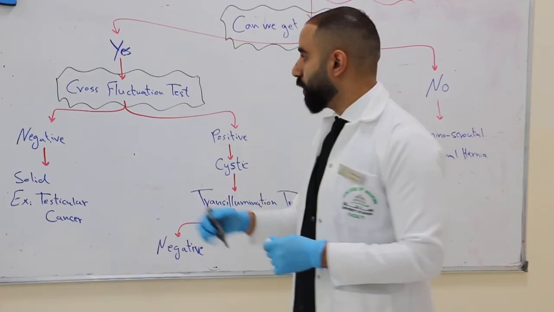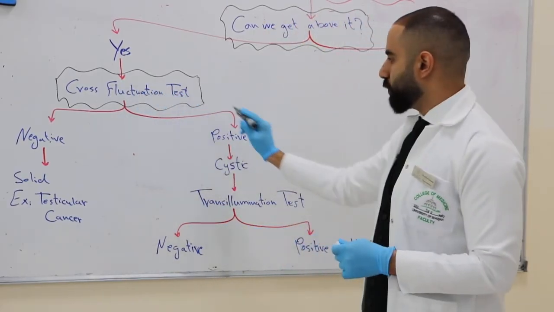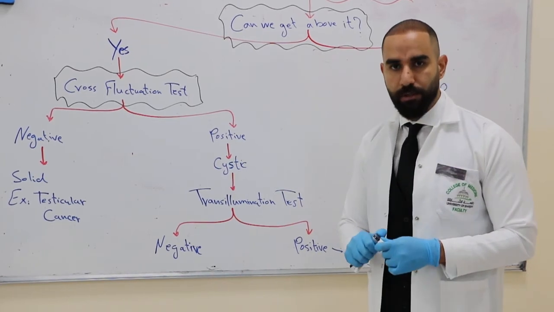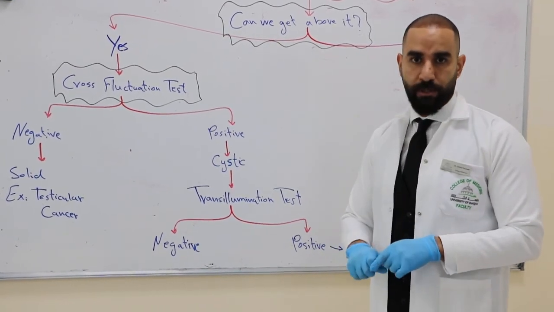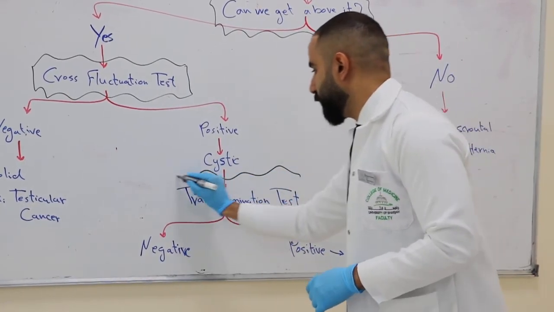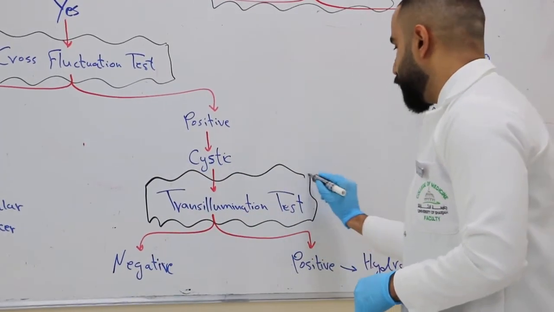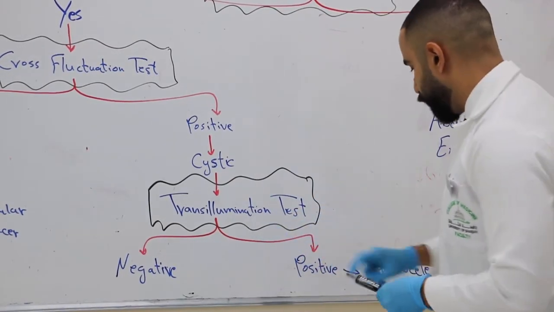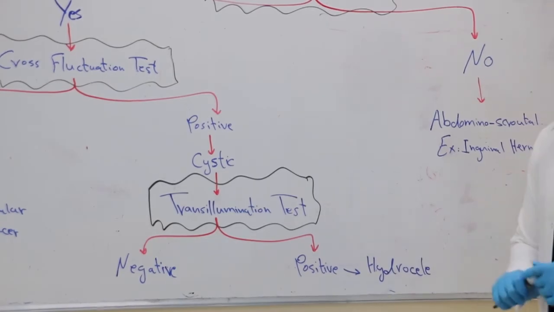Now, if the cross fluctuation test was positive, we can say that this is a cystic type of swelling, and cystic means that we have fluid inside. So the last test that we have is telling us which type of fluid it is.